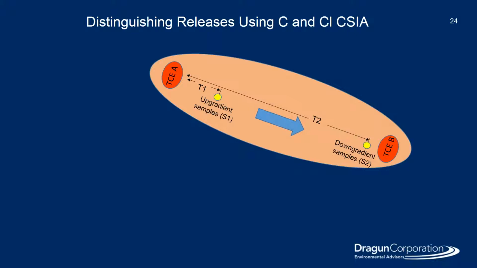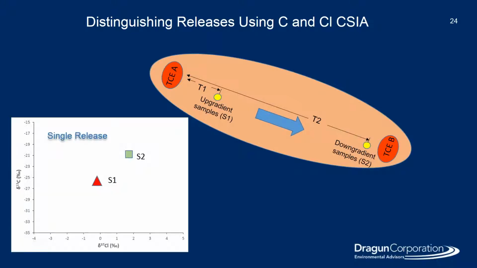So it means that the down gradient samples must be more degraded than the up gradient samples. And if you analyze up gradient and down gradient samples for stable isotopes, we would expect that the down gradient samples are more positive than the up gradient samples because they are more degraded.